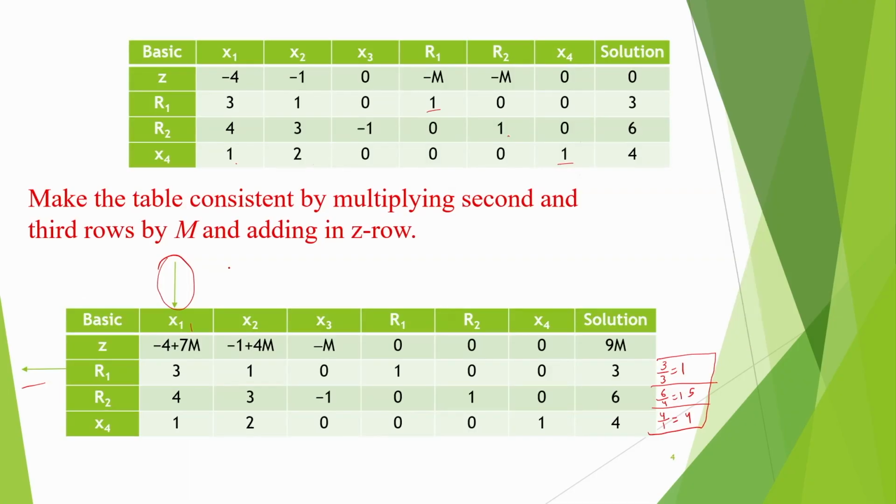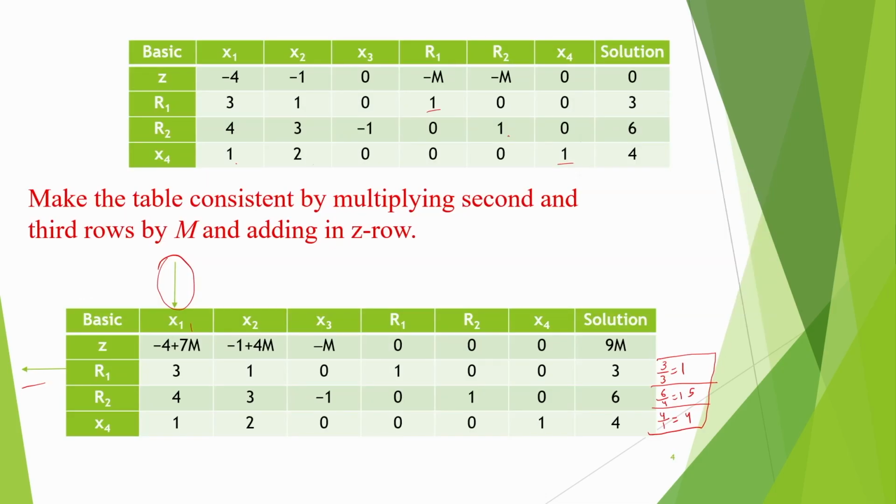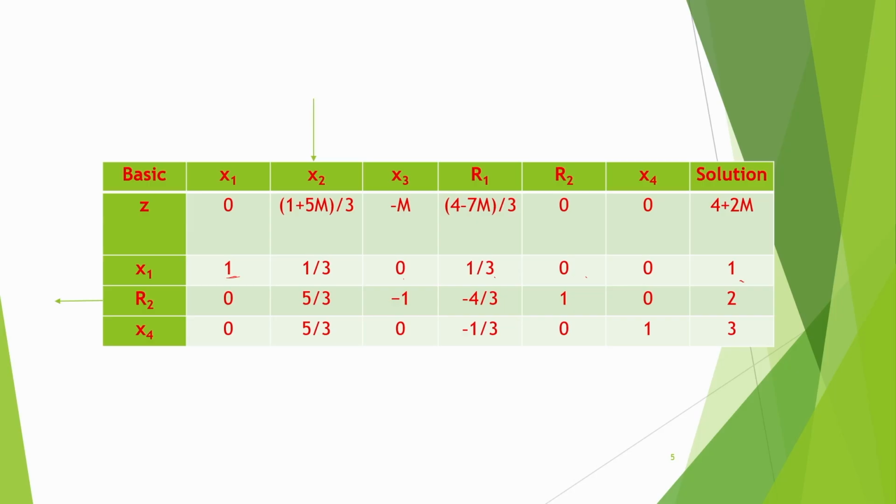In the z row the x1 coefficient was minus 4 plus 7M. So you multiply the whole pivot row by minus 4 plus 7M and subtract it.